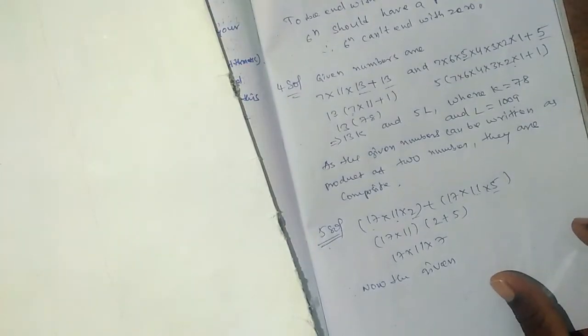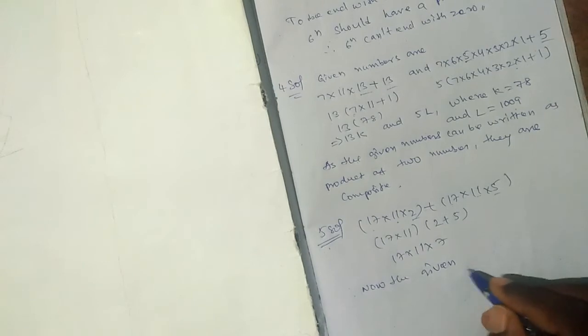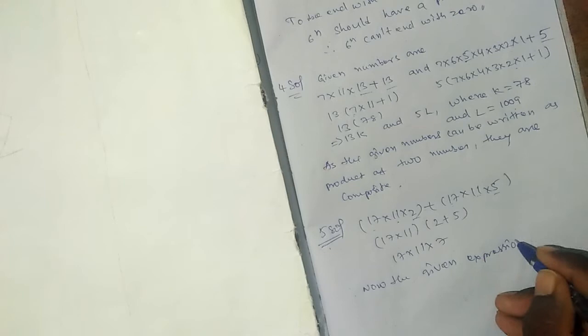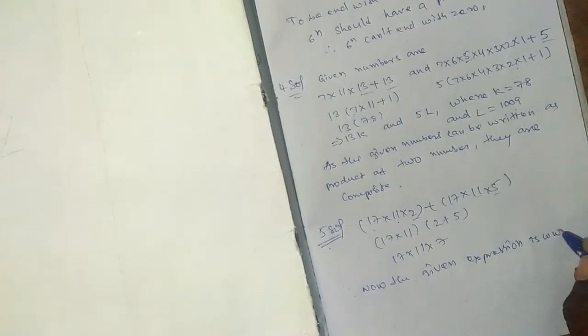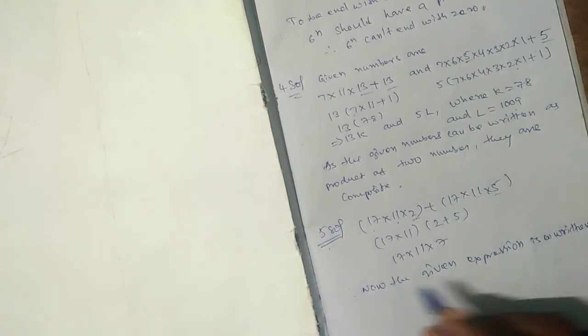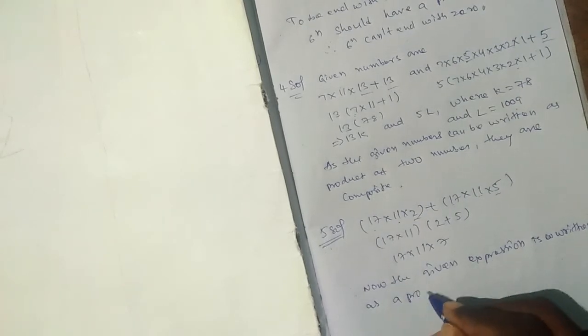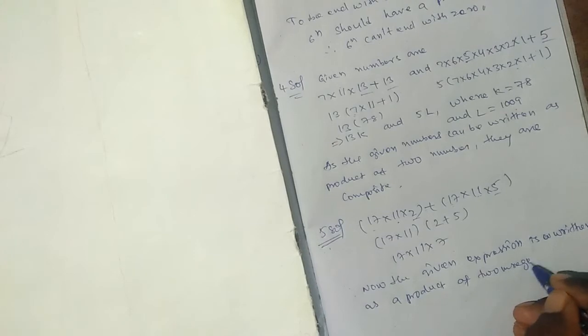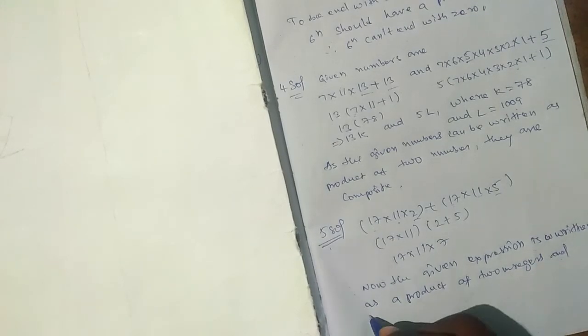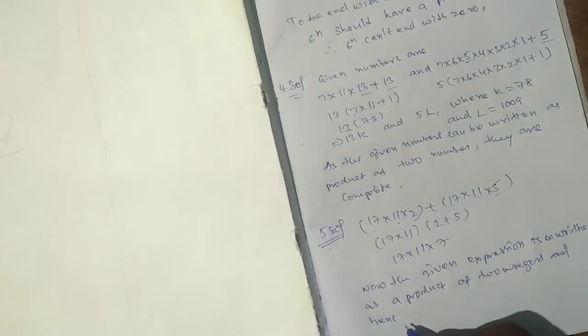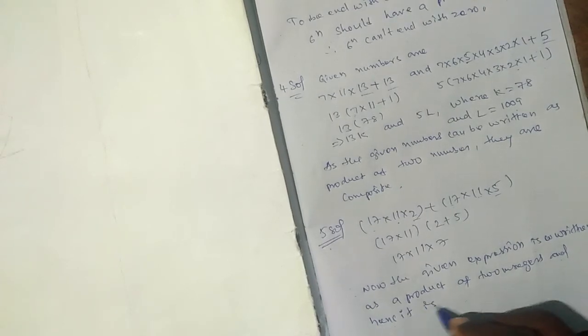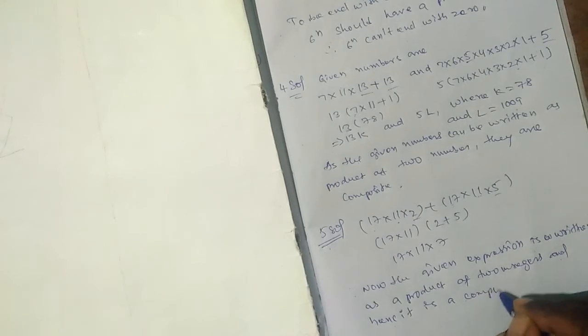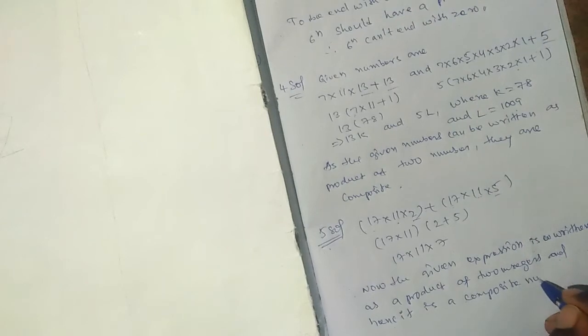So now the given expression is written as a product of two integers, and hence it is a composite number.